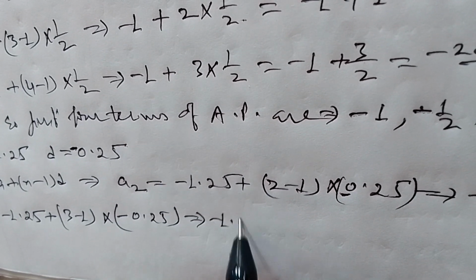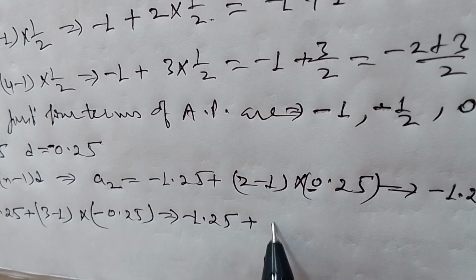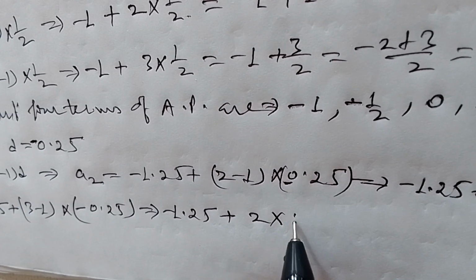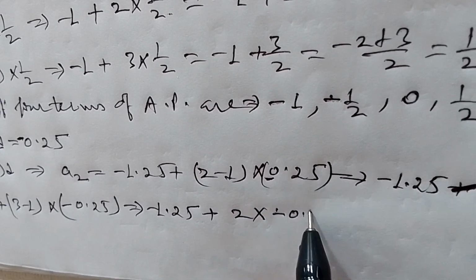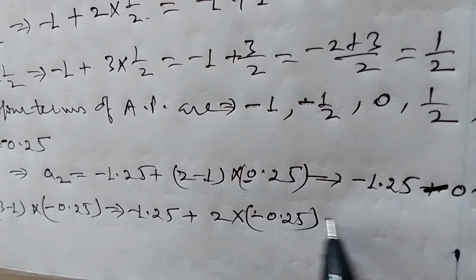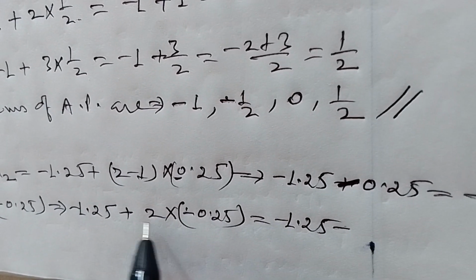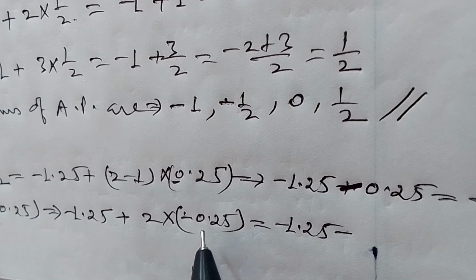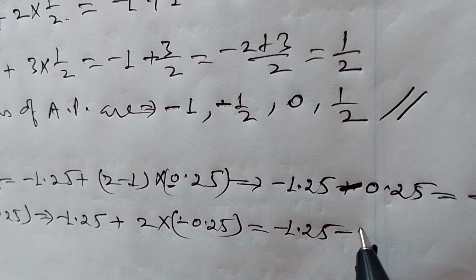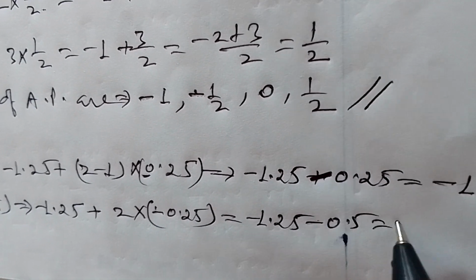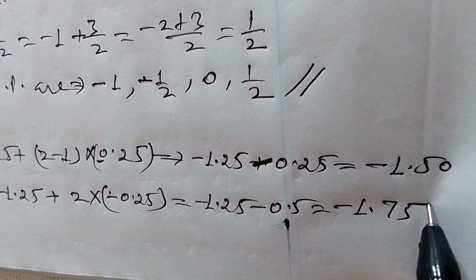Minus 1.25 plus 2 multiplied by minus 0.25. It comes out to be minus 1.25 minus 2 multiplied by 0.25. It comes out to be minus 0.5. It comes out to be minus 1.75.